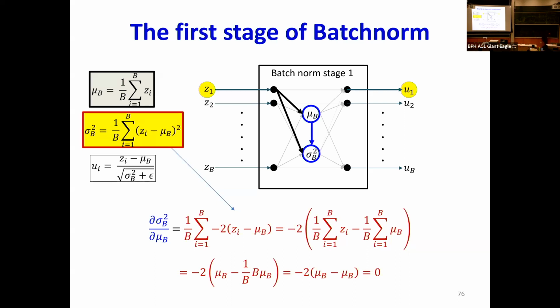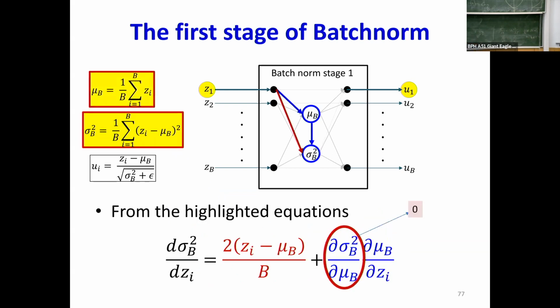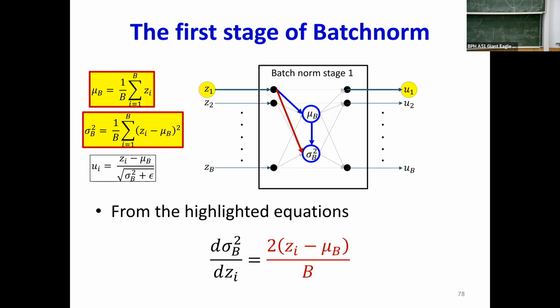It is 1 over b summation of z minus mu, where mu itself is 1 over b summation of z. What is this going to be? It's the average of the centered data, correct? What is the average of the centered data? 0. That term is 0, right? That goes away. Do I have to waste any time computing this? Okay, so that's that, right?